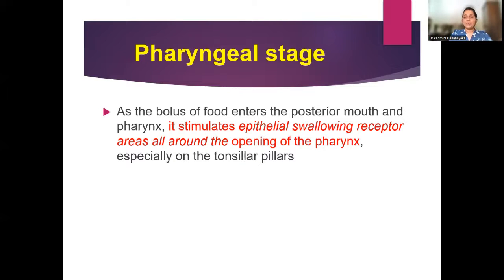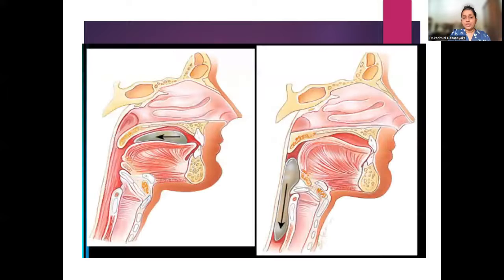Now the pharyngeal stage. As the bolus of food enters the posterior mouth and pharynx, it stimulates, I told you it is a reflex process, right, the epithelial swallowing receptor areas. What are these? Epithelial swallowing receptor areas all around the opening of the pharynx, especially on the tonsillar pillars.